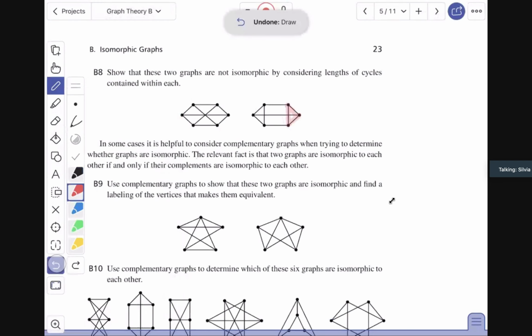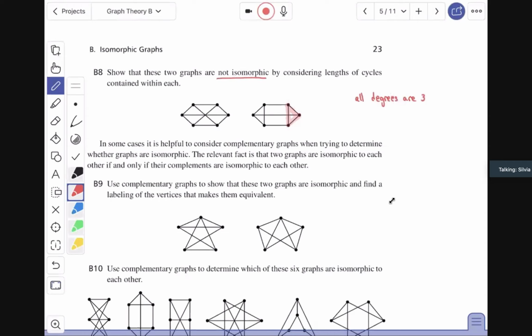All degrees are 3. So they have the same degree sequences. They have the same number of vertices, same number of edges. So you won't be able to use that to prove that they're not isomorphic. We're trying to prove that they're not isomorphic.